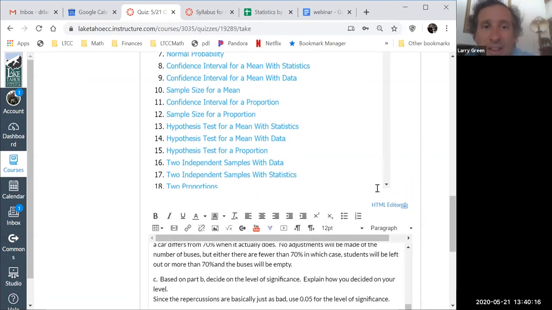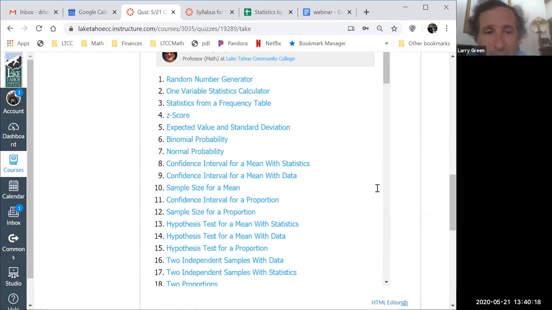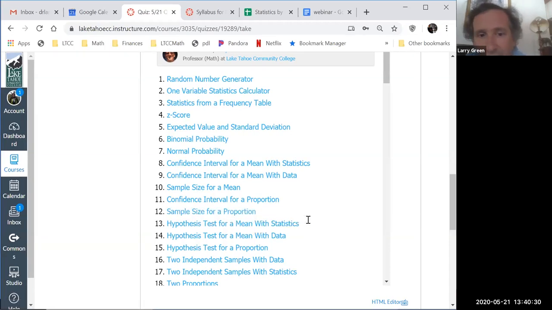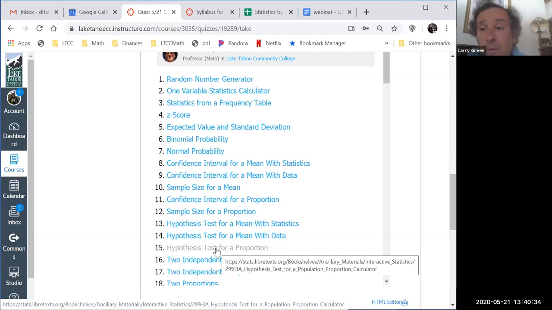Okay, because now I have to go to the calculator. What number should I use to get the calculator? Okay, 15. Yeah, hypothesis test for a proportion.